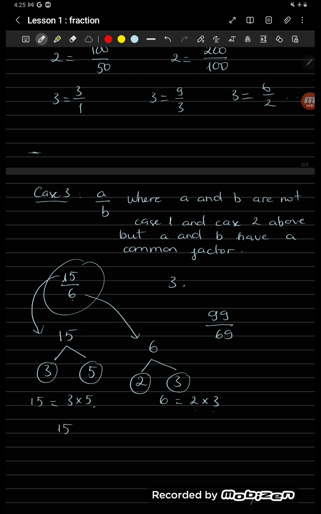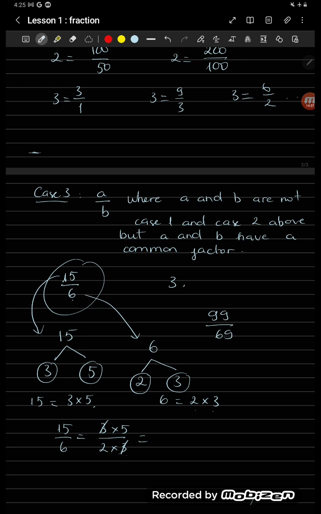So we can write like this: 3 times 5 over 2 times 3. You can see both of them have a prime common factor 3. That's why we can cancel them out. 3 appears at the top, 3 appears in the bottom, so we can cancel 3 here and 3 here.